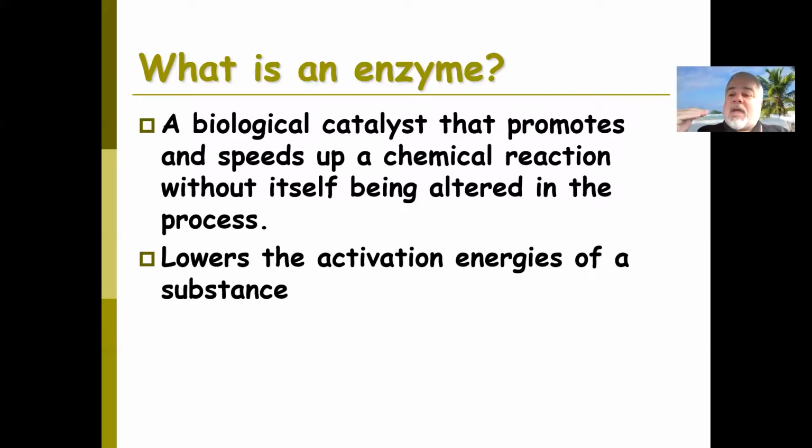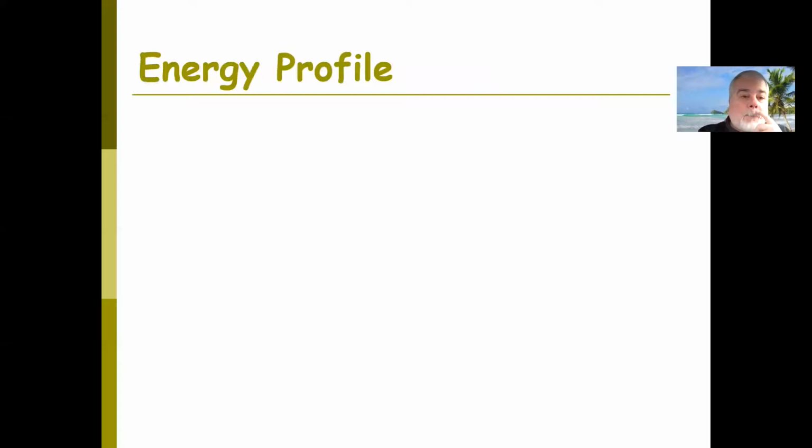But instead of doing it at the high energy of fire, you're doing it at a much lower energy at the temperature inside the body, 98.6 in our case. So we're doing the same chemical reactions at a much lower energy.